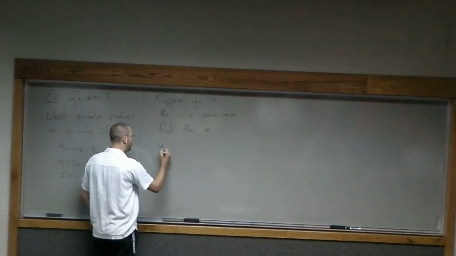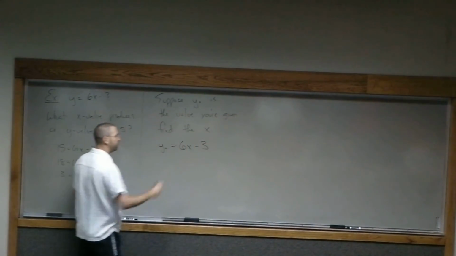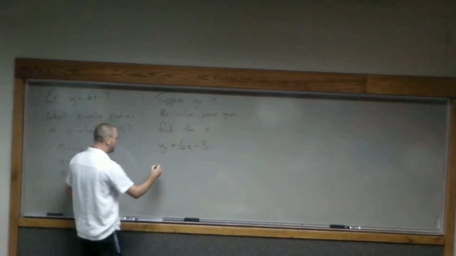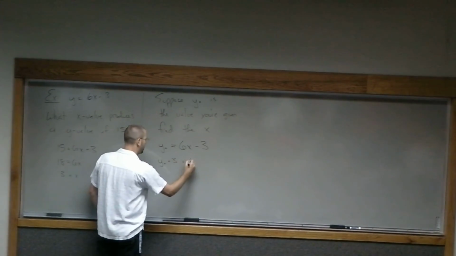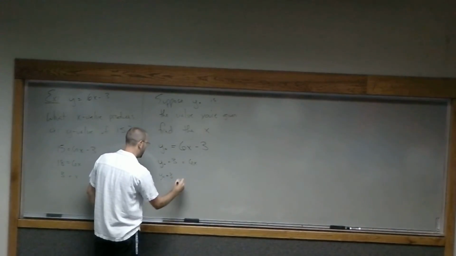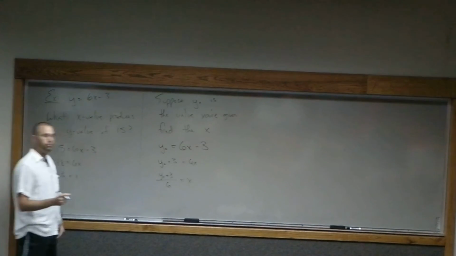So we have y naught equals 6x minus 3. I want to know what x value this came from, so do some simple maneuvering here. That's y naught plus 3 equals 6x, or y naught plus 3 divided by 6 equals x.